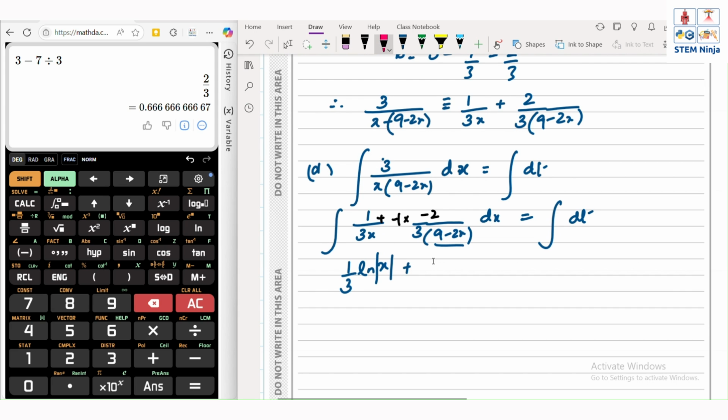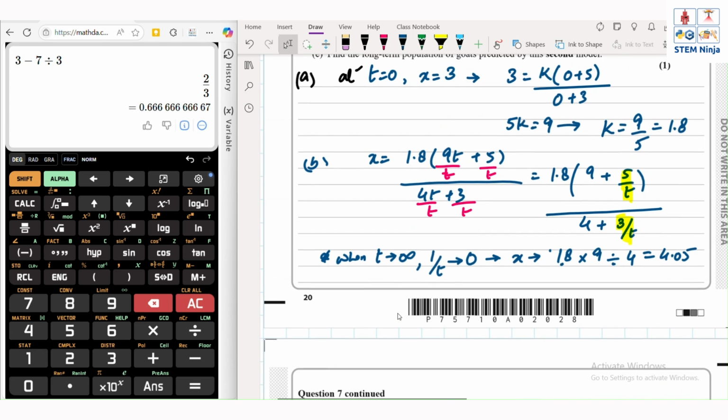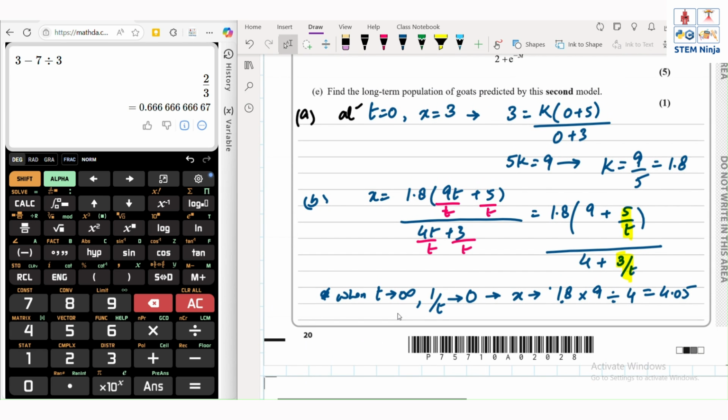So this would become minus 1/3 of, because you're multiplying by minus, ln(9 minus 2x). Because this goes away, you're just left with minus 1 over 3. Equals t plus c. We know that at t equal to 0, x was, we calculated it to be 3.